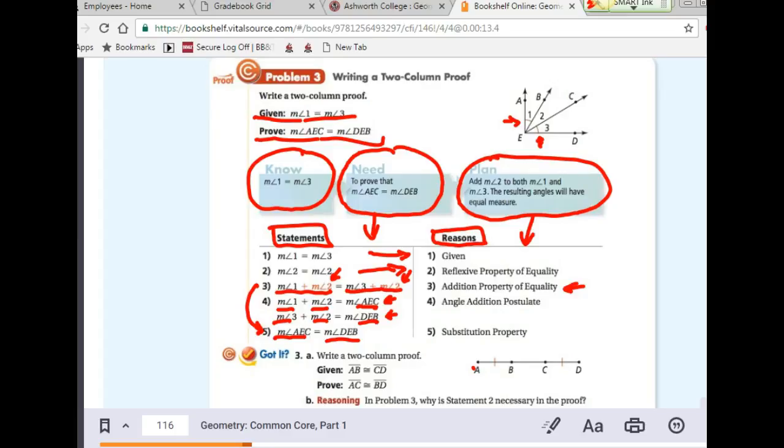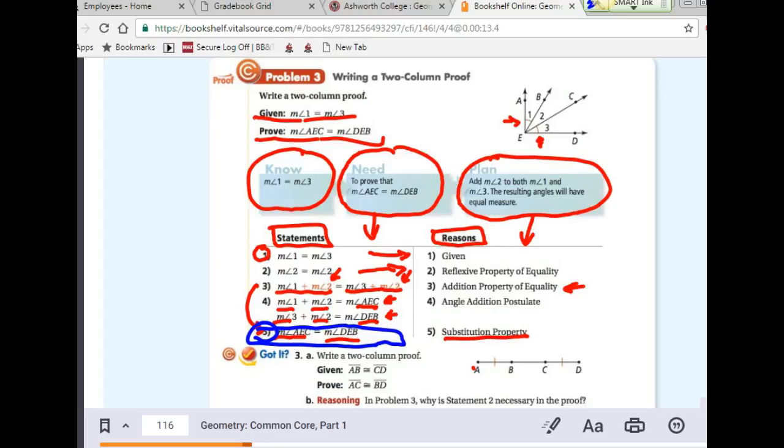I can say that because the substitution property says if two things are equal, then you can substitute those values to get your final answer. And just like your first step is always what's given, your final step is always going to be what you were asked to prove. And that's called a two-column proof.